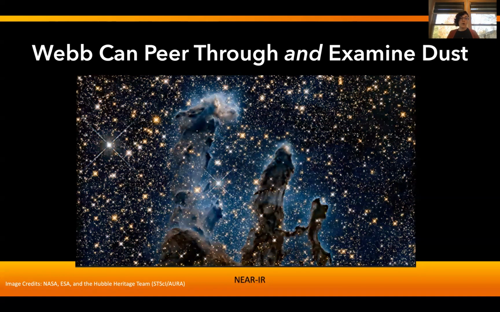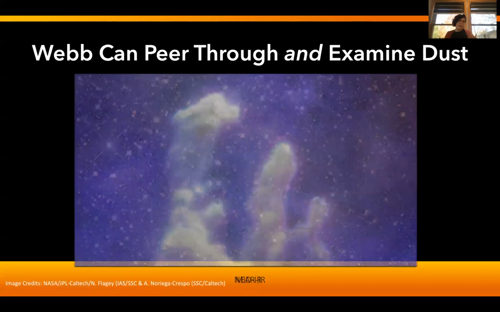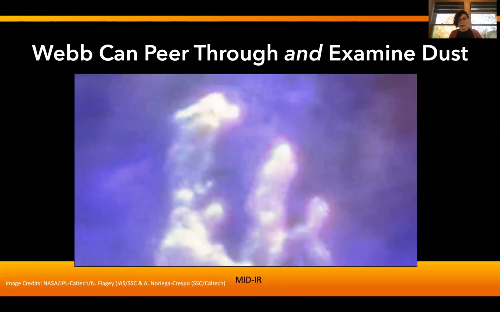Webb can cover a much broader range of infrared light than Hubble can, and so it can look at these regions in different colors to gather information about the various components of the dust. In particular, if we look at this region in the mid-infrared, the stars in the background disappear again, but the dust that initially was dark or transparent suddenly becomes bright.